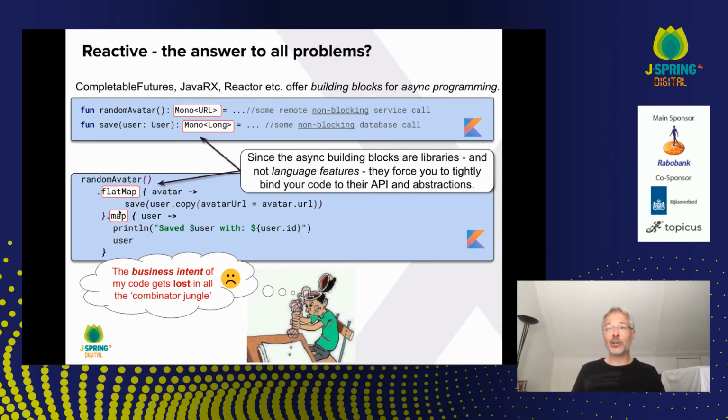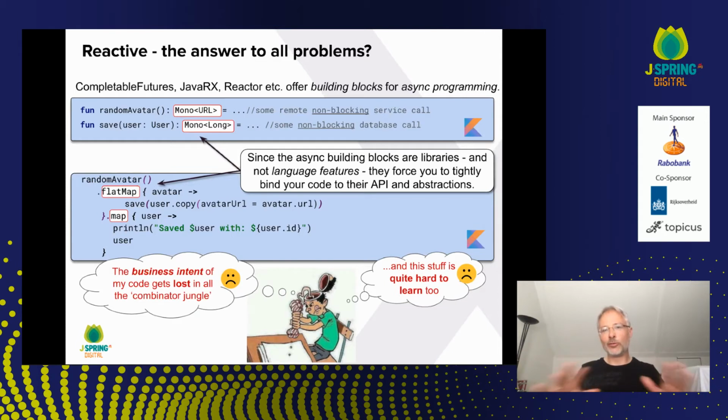And the second, which is about as severe in my opinion, is that this stuff is really hard to learn. I consider reactive programming a specialism. If we were not digital now, we would be in a room, I would ask you, who is using reactive programming on a daily basis? I can't, sorry, we'll do it next year when we can come together again.